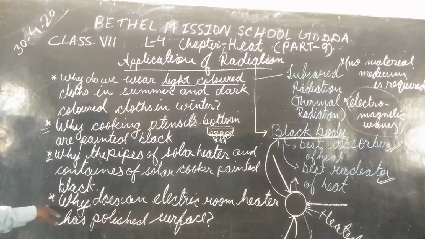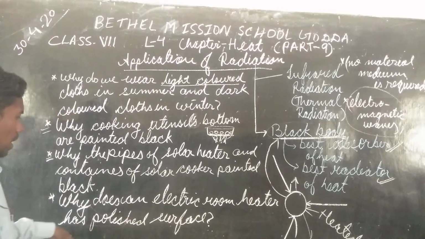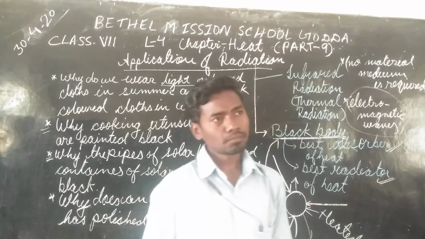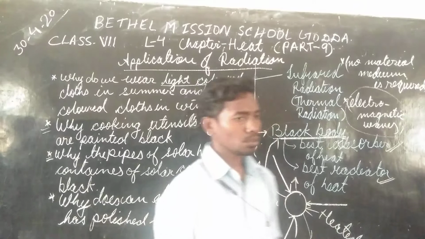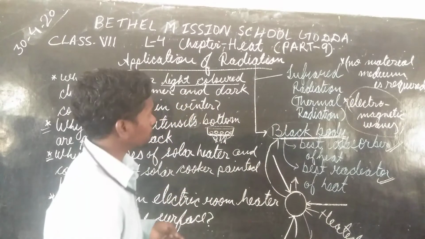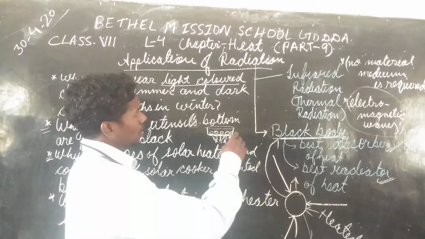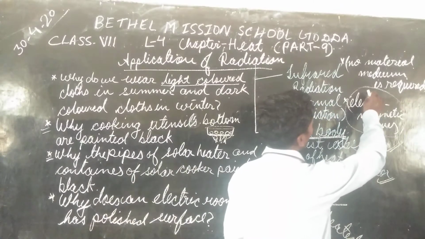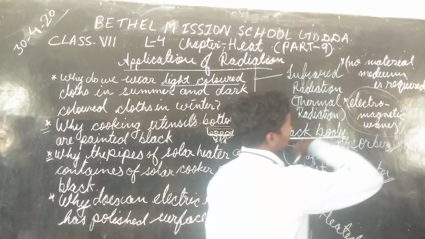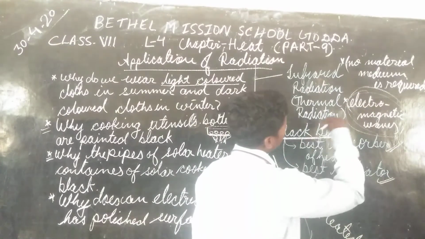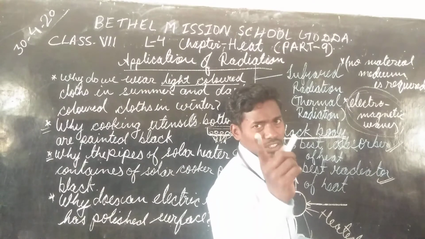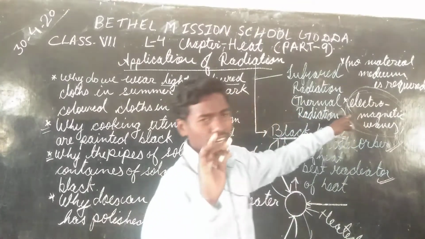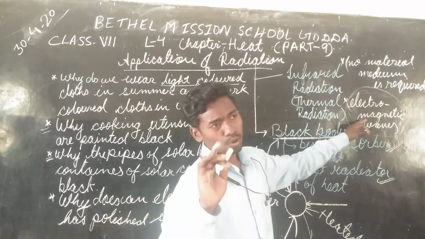Now we have the last one. Why does an electric heater have a polished surface? Now, polished surface. I told you that infrared radiation is a type of electromagnetic radiation, and you know about light. That light is also an electromagnetic wave.